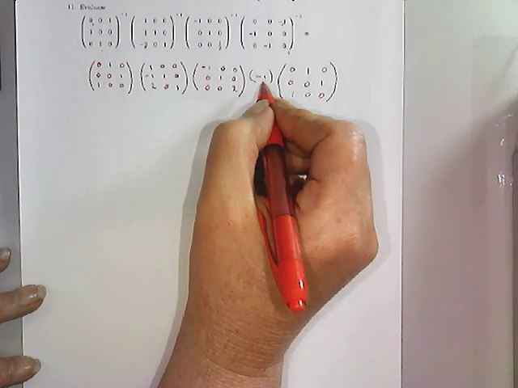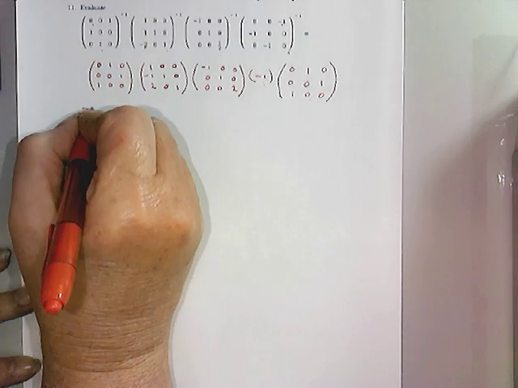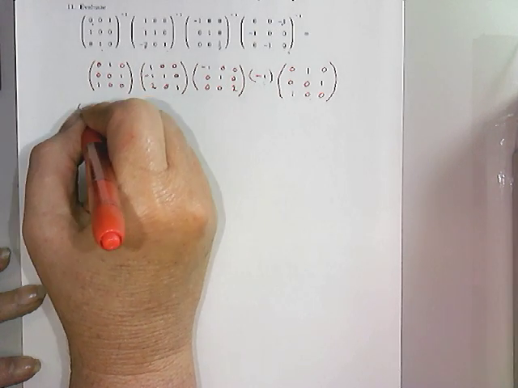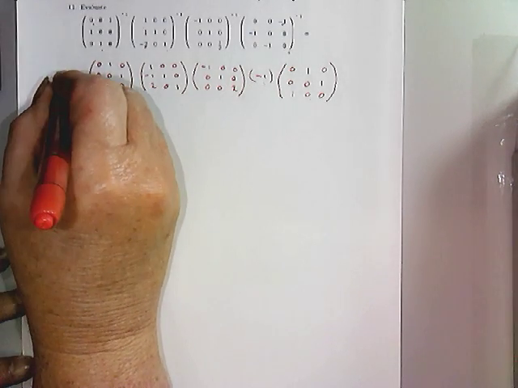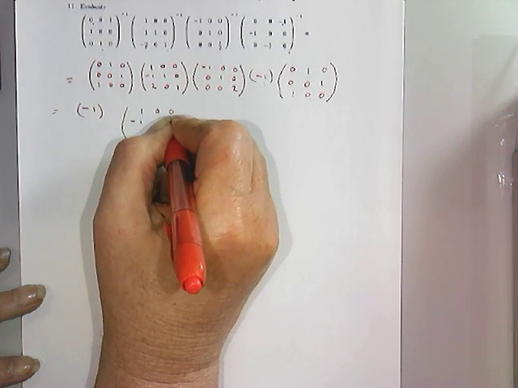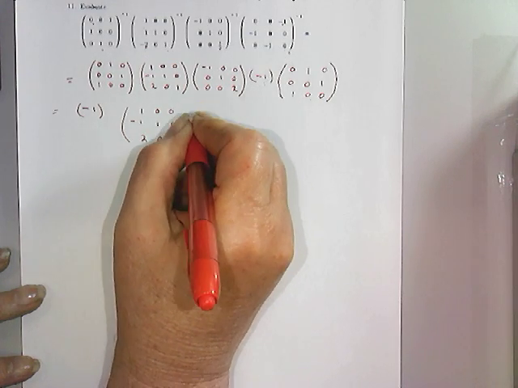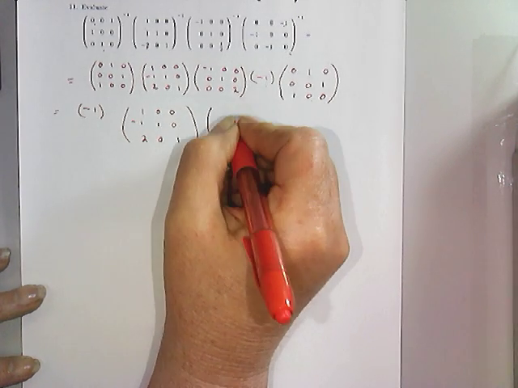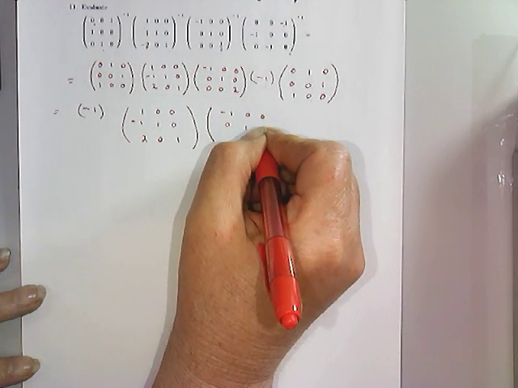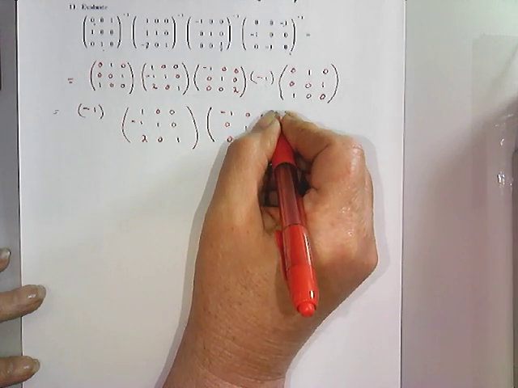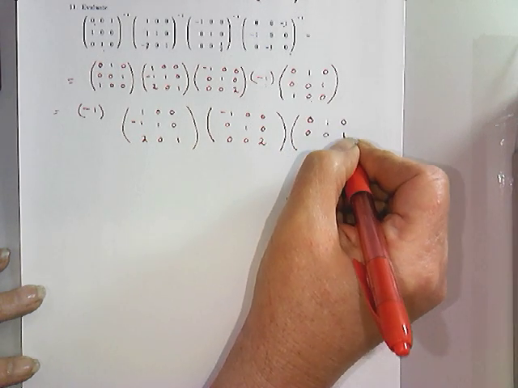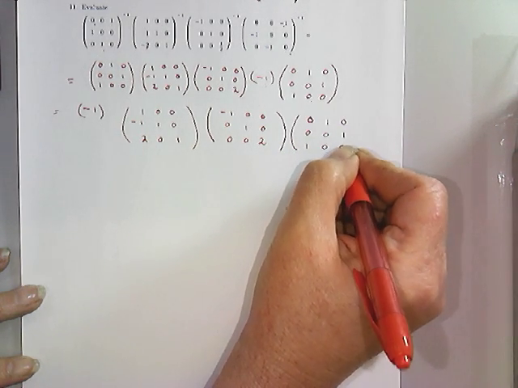Now, this scalar here can actually be brought out of the entire multiplication. So what we have here is -1 times 1, 0, 0, -1, 1, 0, 2, 0, 1, and then times -1, 0, 0, 0, 1, 0, 0, 0, 2, times 0, 1, 0, 0, 0, 1, 1, 0, 0.